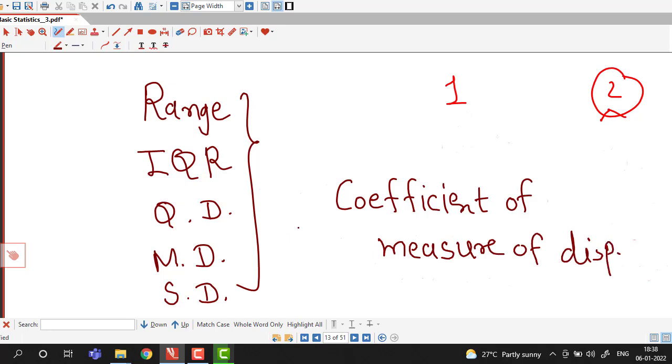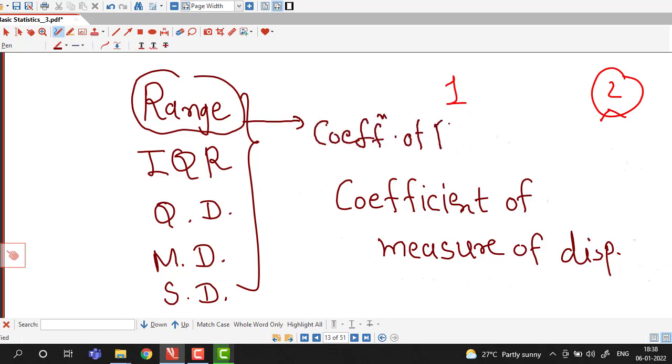For example, the relative measure of dispersion corresponding to range is known as the coefficient of range. Similarly, the relative measure corresponding to quartile deviation is known as the coefficient of quartile deviation, and the same for mean deviation and standard deviation.